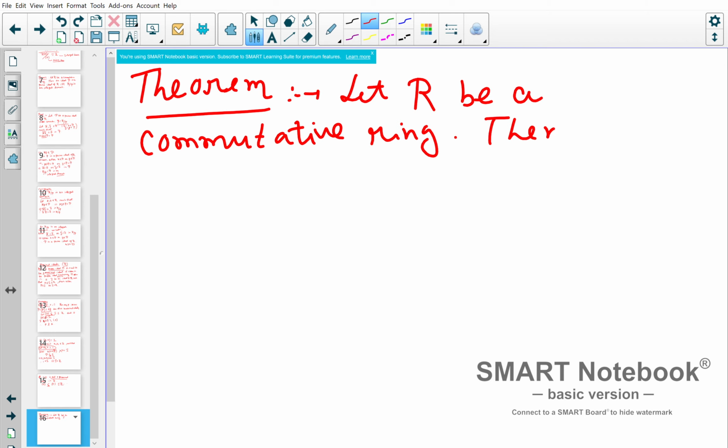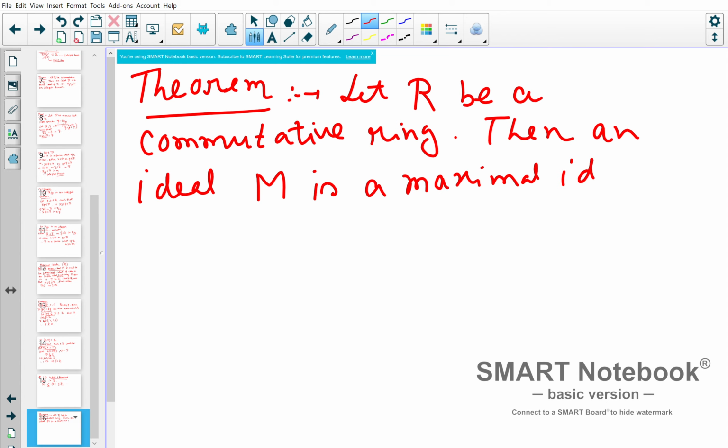Then an ideal M is a maximal ideal of R if and only if the quotient ring R/M is a field.